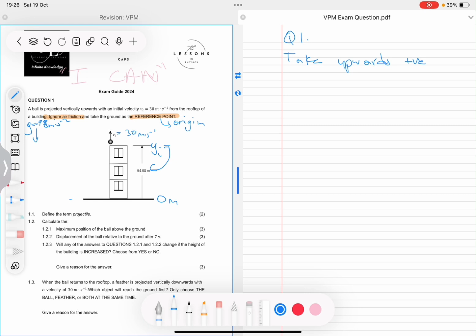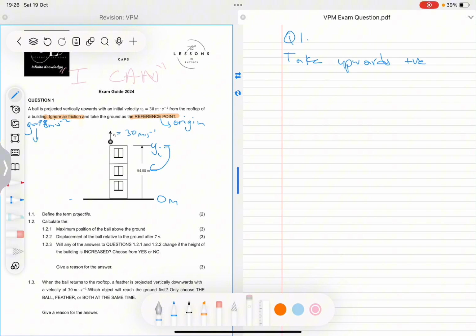We can also classify this problem as one that uses the principles of work, energy, and power. So I can use the law of conservation of mechanical energy to solve this problem, because there is no air resistance, so the mechanical energy will be conserved. Those are the two options that I have. That is part of problem classification.